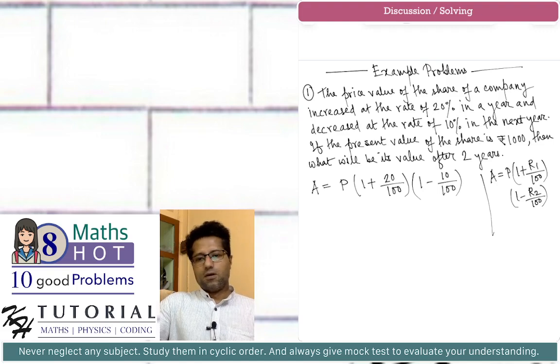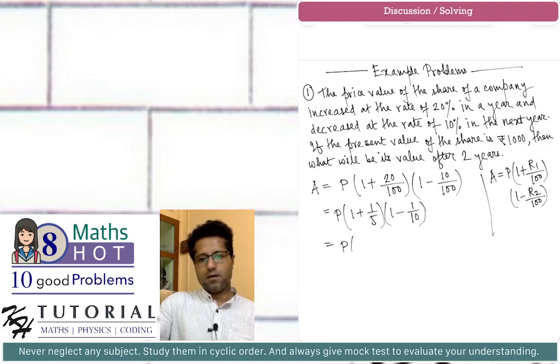Okay, so this will be P multiplied by 1 plus 20 by 100, which is 1 by 5, and this is 1 minus 10 by 100, which is 1 by 10. This is equal to P, 1 plus 1 by 5 is 6 by 5, multiplied by 1 minus 1 by 10 is 9 by 10.